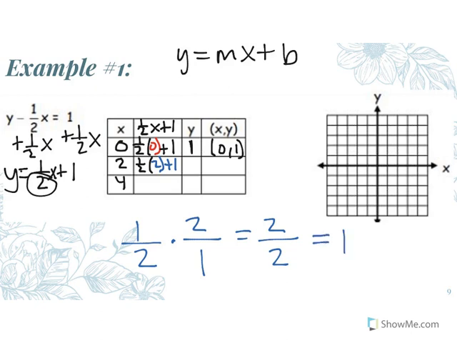So this 1/2 times 2 right here is really actually just 1. If you need to rewatch that in the video, you guys please rewind it, slow it down, and rewatch it. So 1/2 times 2, this portion right here, is actually only 1, and 1 plus 1 is 2. So our next point is 2, 2.